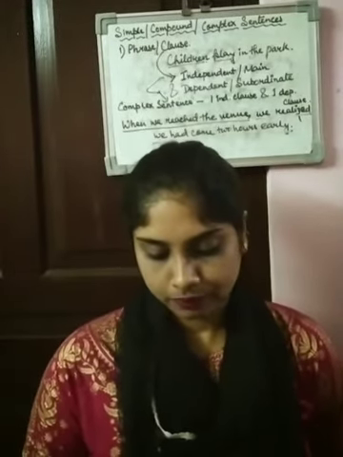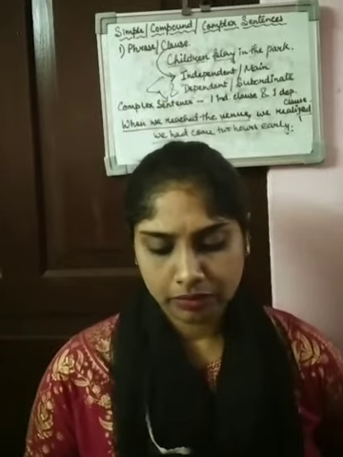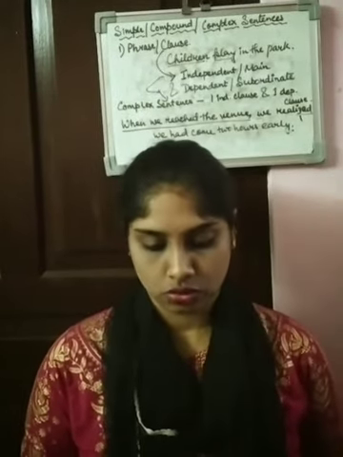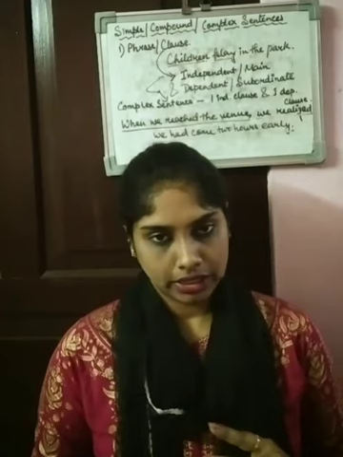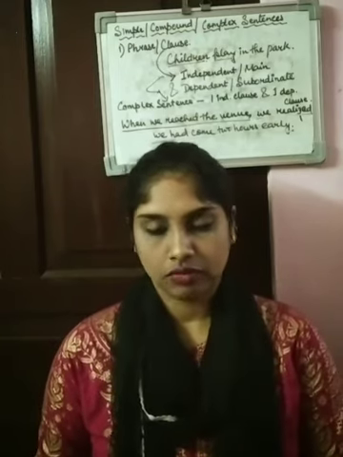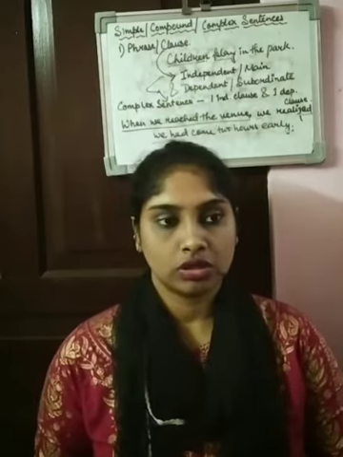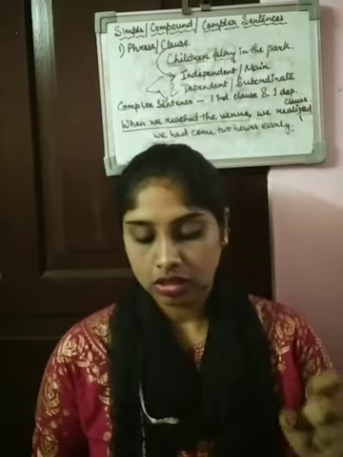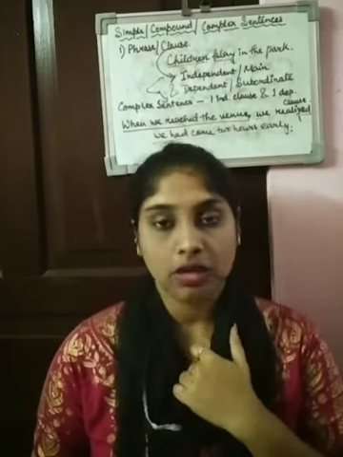Let's see the next one. We are going early because we want to get seats in the first row. We are going early is one independent clause. We want to get seats in the first row is another independent clause. These two are combined by the coordinating conjunction because.